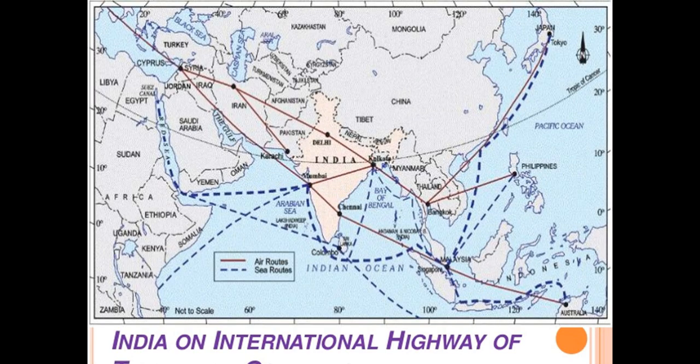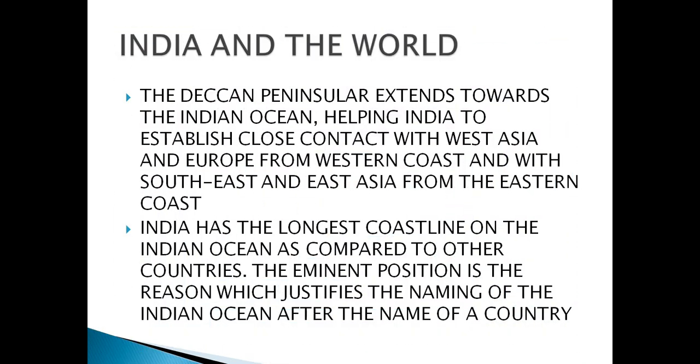We can see that this peninsula protrudes into the Indian Ocean, by which through the western coast we can connect to West Asia and Europe, whereas through the eastern coast it is connected to East Asia and Southeast Asia.